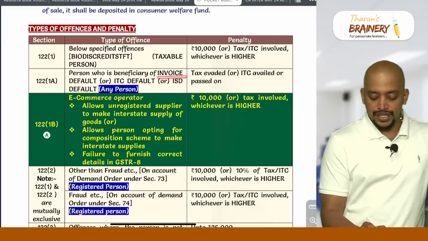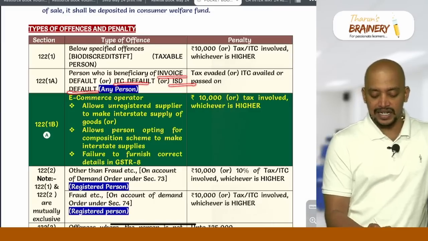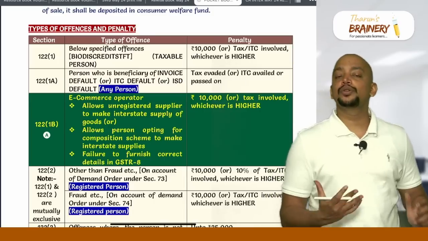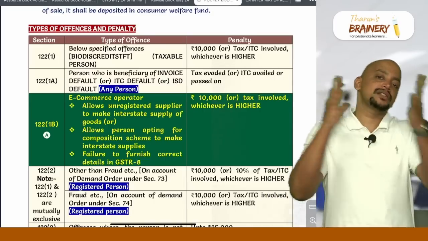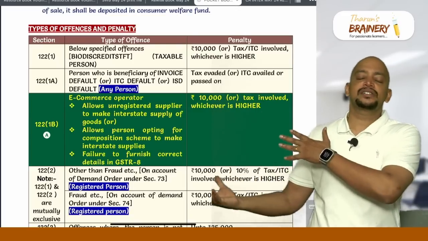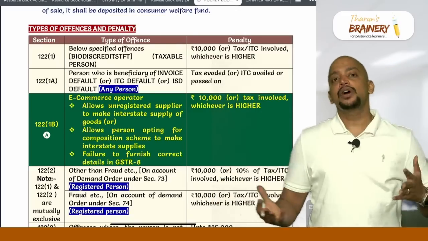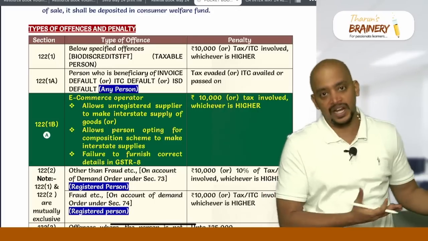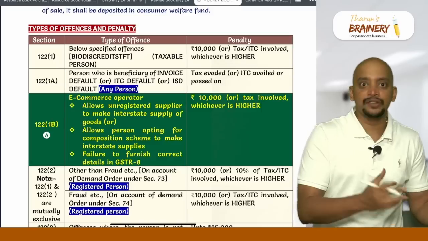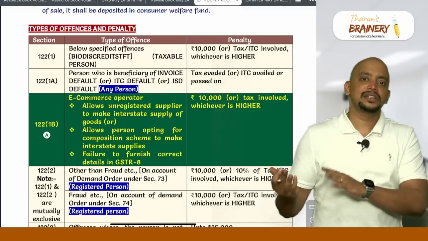Triple I: invoice default, ITC default and ISD default. Say for example, a person created some fake registrations, and using these fake registrations some invoices are raised to the recipients and the recipients enjoy the ITC based on that. On the suppliers there will be a penalty under 122 subsection 1 for invoice default, because of invoice without supply.